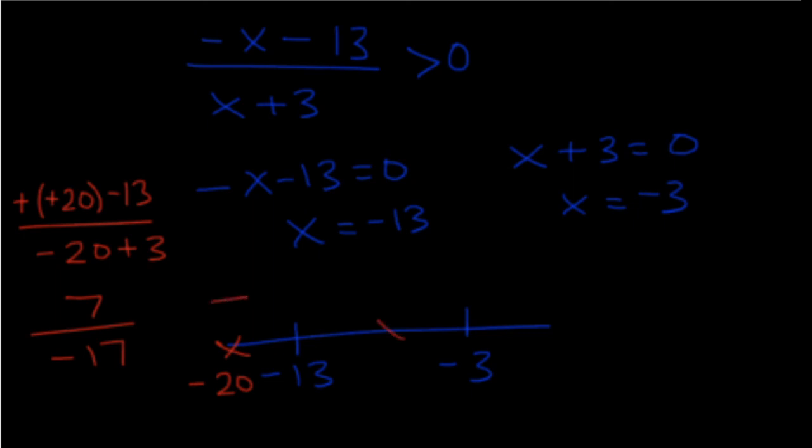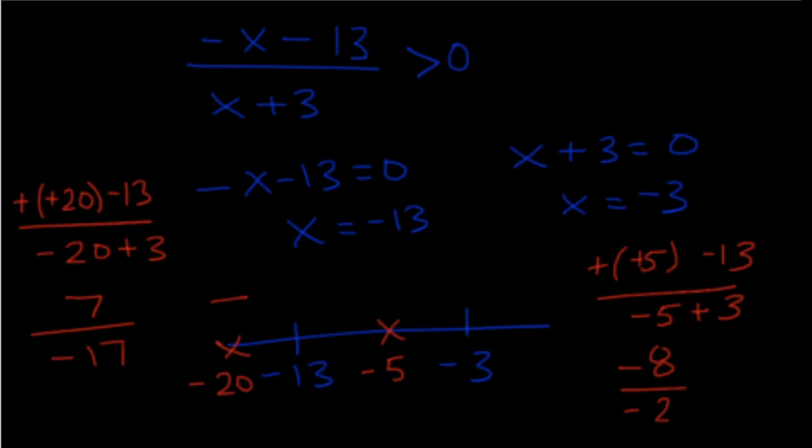I'm going to plug in a number between negative 13 and negative 3. Let's say negative 5. I get negative 5 minus 13 over negative 5 plus 3. These two negatives are going to give me a positive. I have 5 minus 13 is negative, not negative 12, negative 8 over negative 2.